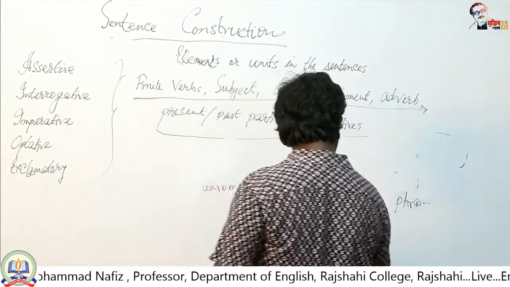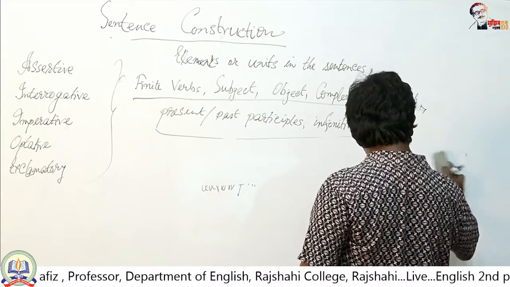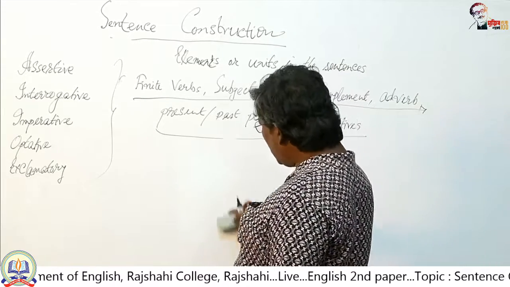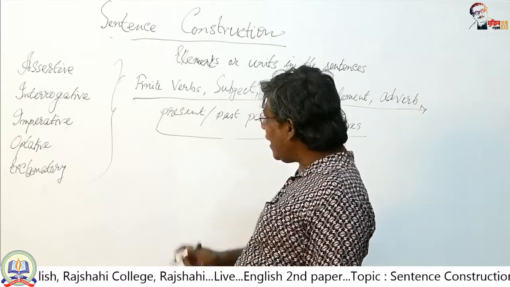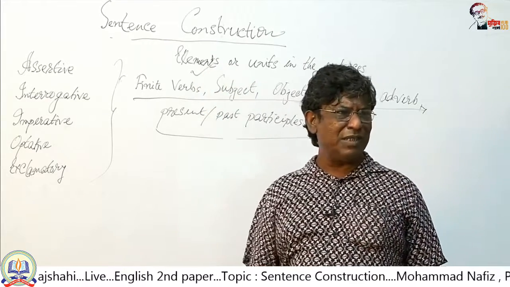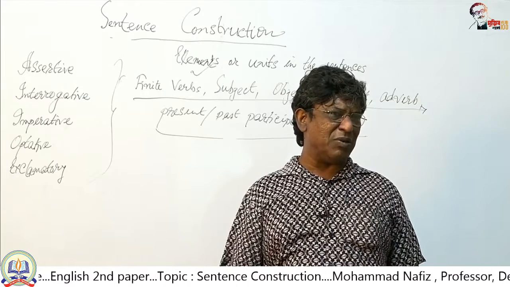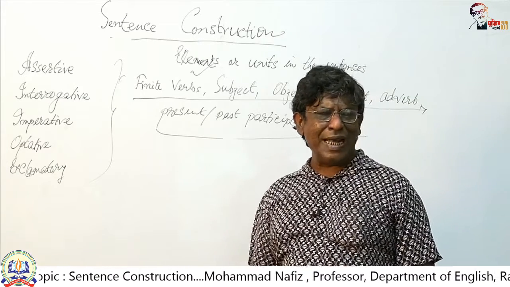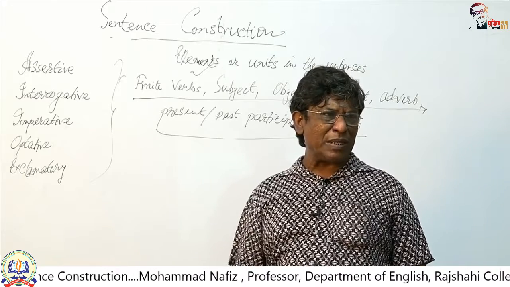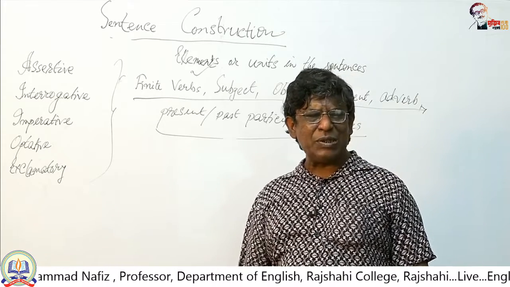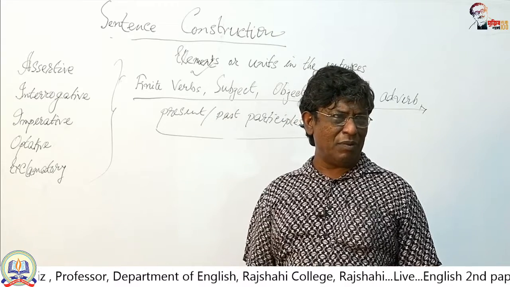how the elements are placed in different types of sentences. Strange enough, I have written finite at the very beginning of the checklist of the elements or units in a sentence. I have written it because we have a particular pattern of sentences which begins with the finite verb.